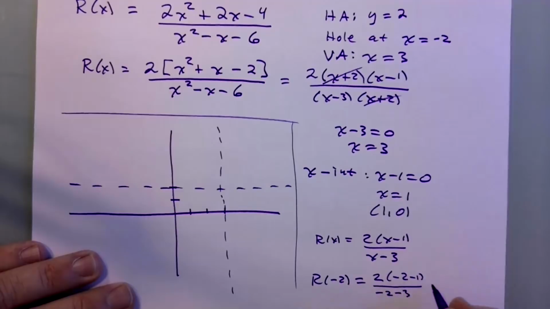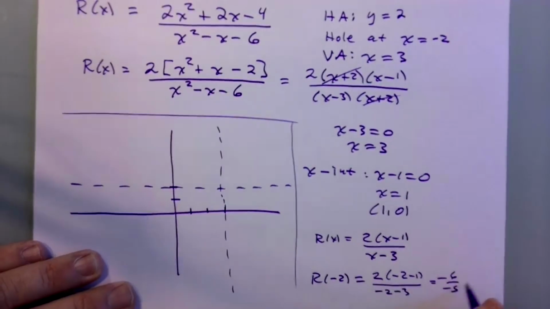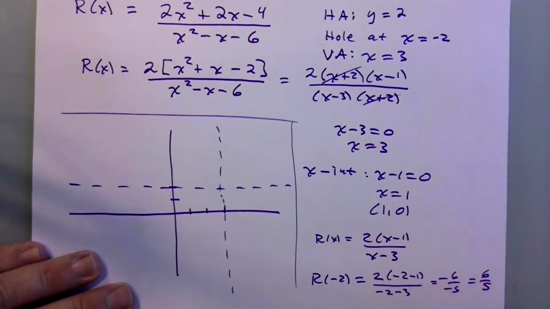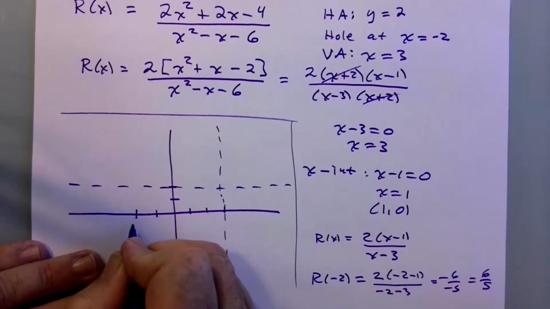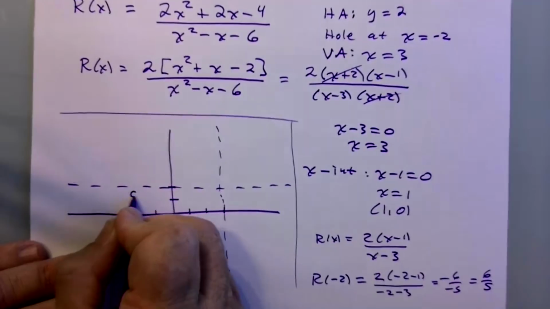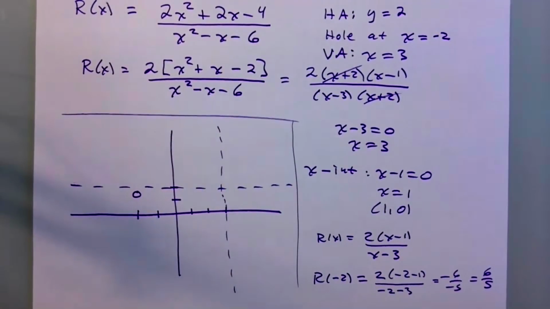This looks like 2 times negative 3, negative 6 over negative 5, or 6/5. So at negative 2, I have a hole at 6/5, or 1.2. Here's negative 2, 6/5, a little bit more than 1. We'll put a hole there.